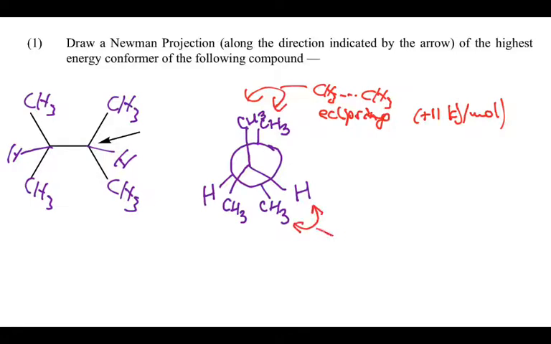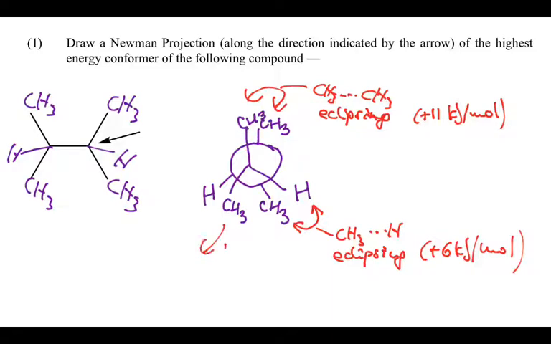Now the other things we have here are CH3-H eclipsing. How much do these cost? 6. Okay, so now what you can do is take the front wheel and rotate it by another 120 degrees, and then the H's will be on top. So let me show you.